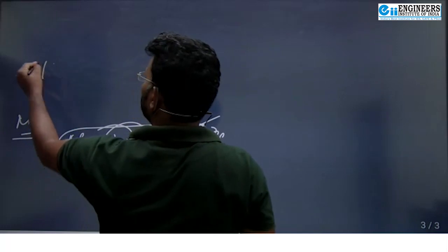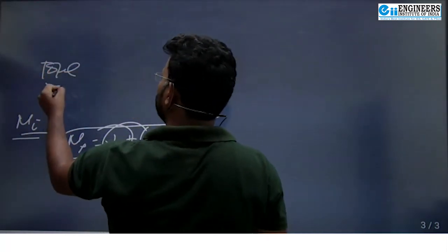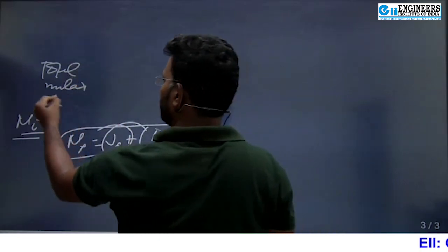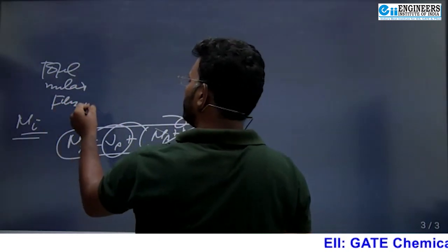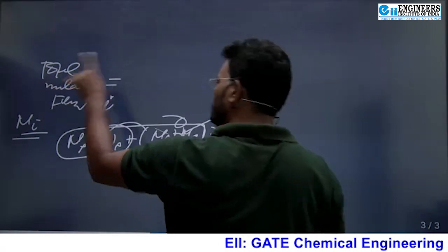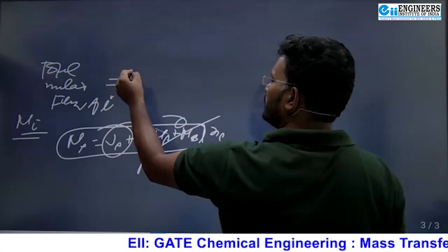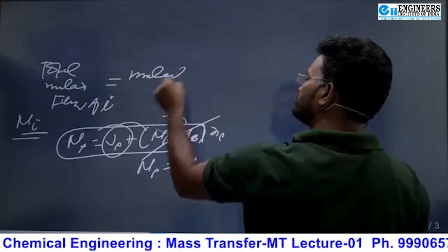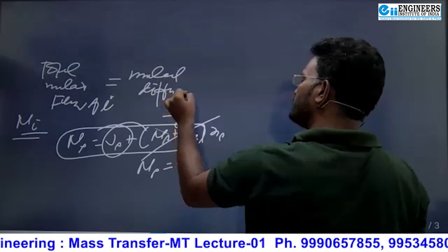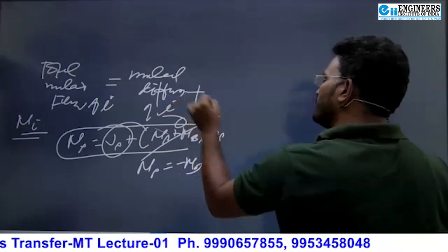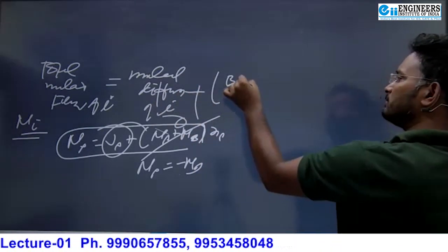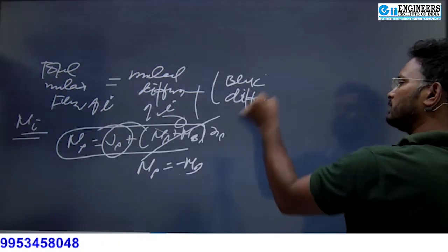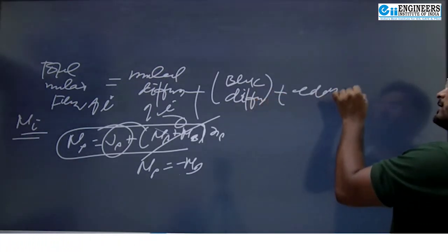The total molar flux equation I can't apply, but physically I can apply. Total molar flux of species I is equal to molecular diffusion of I plus bulk diffusion plus eddy diffusion in general.